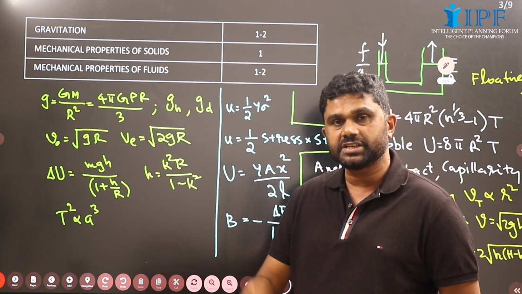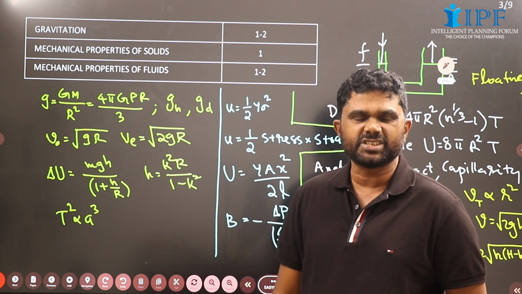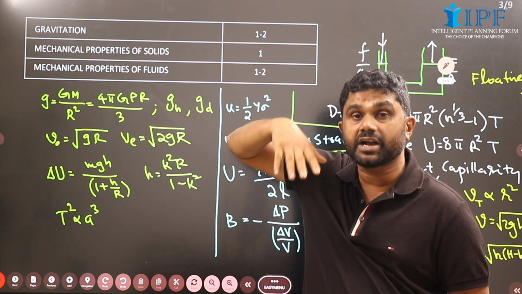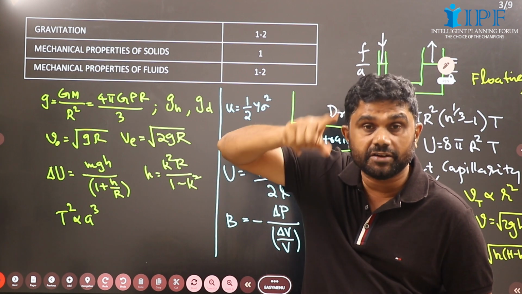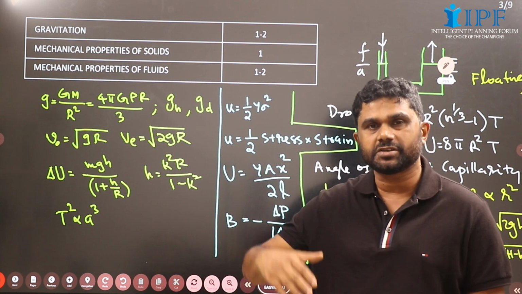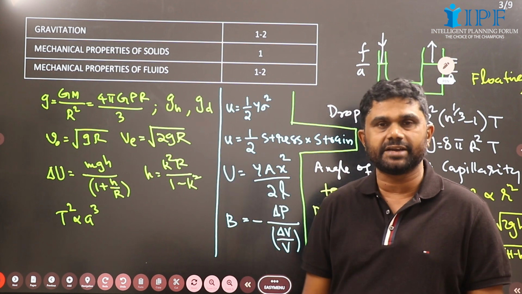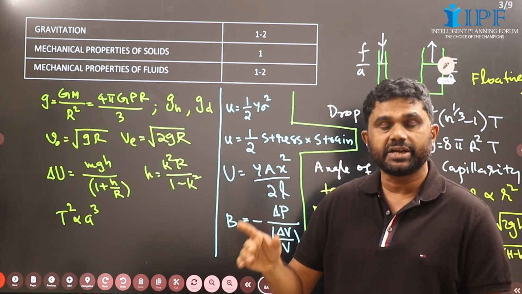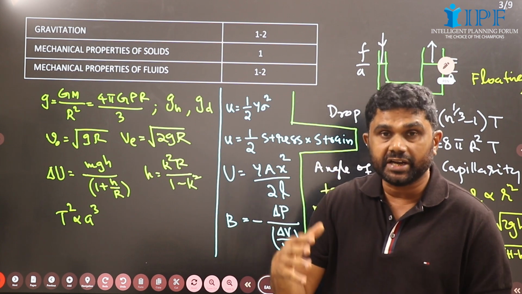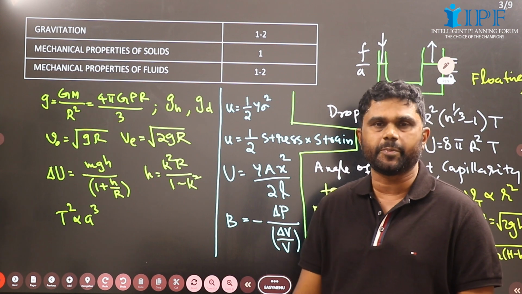Okay, when a body is projected from the surface of earth, after reaching the maximum height, it will come down if it is projected with a velocity less than the escape velocity. If it is projected with a velocity equal to or more than the escape velocity, it will never return. But if the velocity of projection is less than the escape velocity, it will definitely come back after reaching the maximum height.